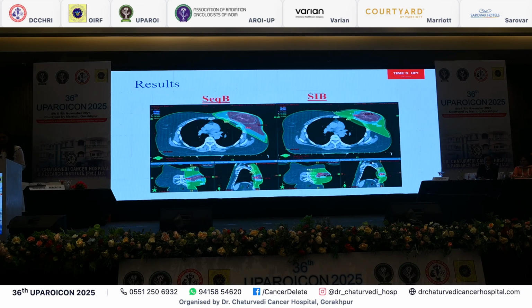This is a dose distribution of the boost, sequential and SIB. Here you can see that the 95% dose in the sequential boost is spilling out more of the tumor volume, the boost volume, whereas in SIB it is more confined to the PTV.